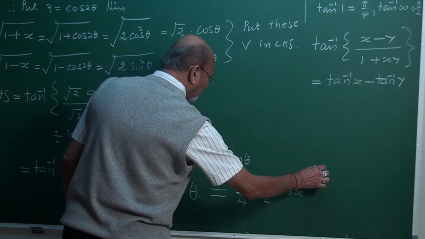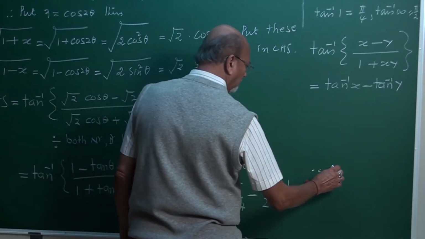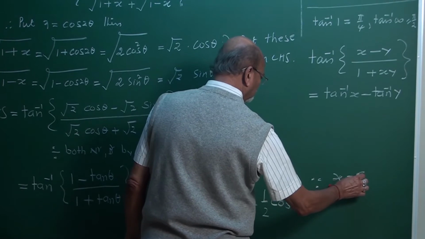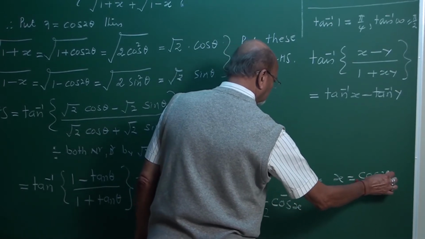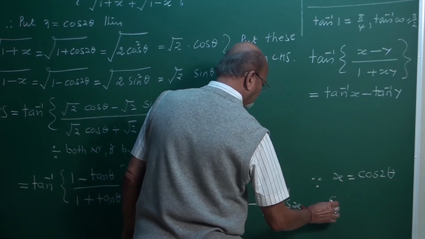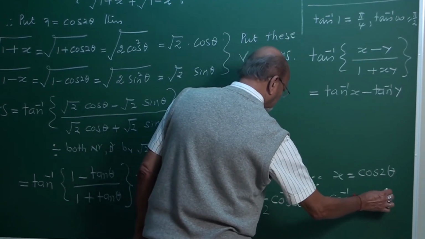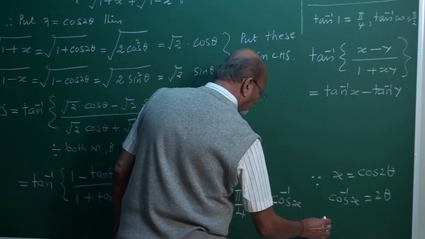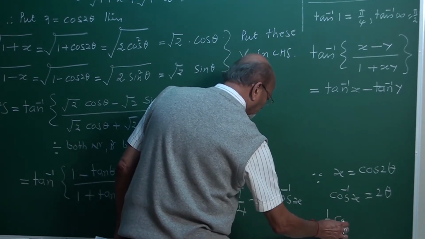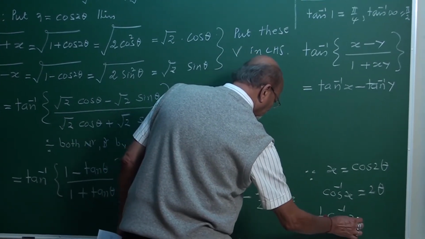Why? Because of this. My friend, x is cos 2 theta. Cos inverse x, bring this side: 2 theta. Bring that over, 1 by 2 cos inverse x is theta.